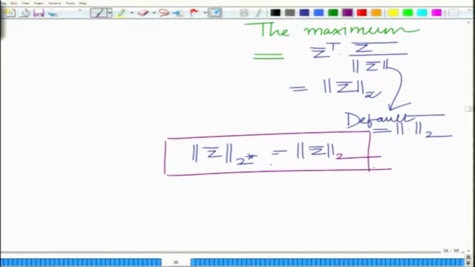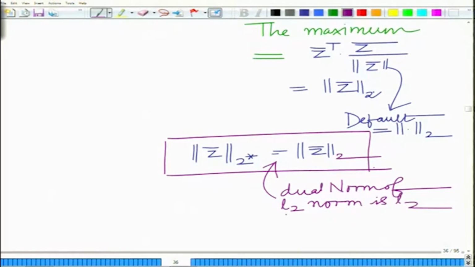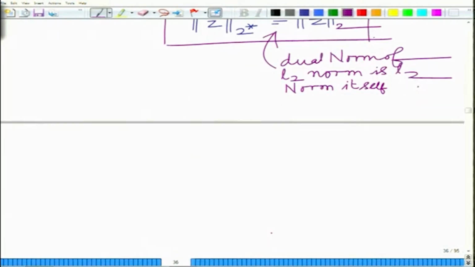Okay. So this is very interesting. The dual norm of the L2 norm is the L2 norm itself. Okay. Now, let us look at another interesting dual, consider the L infinity norm.